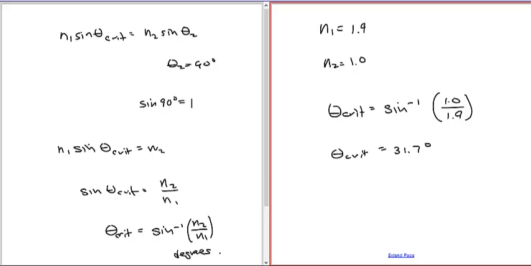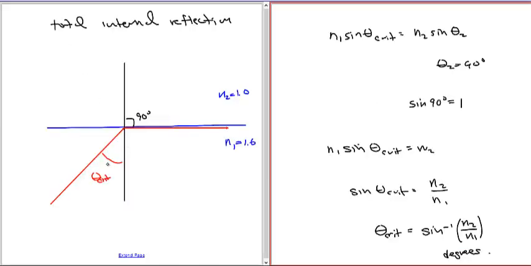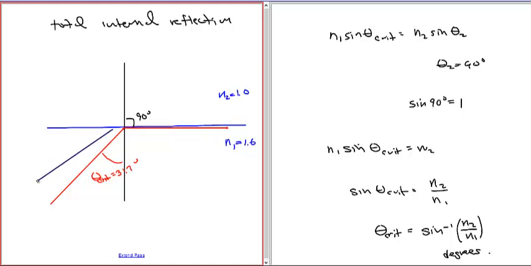So what that means is that if this angle here is greater than 31.7 degrees, then you're going to have internal reflection. So let's say this is 31.7 degrees in this case for my example. So what would happen if I then had an angle like that?